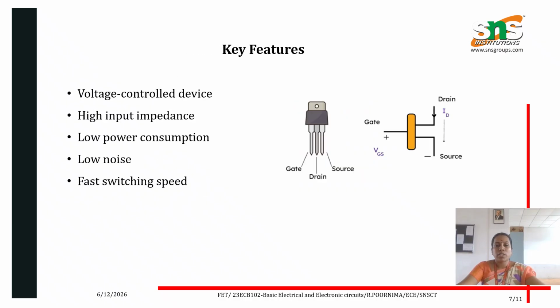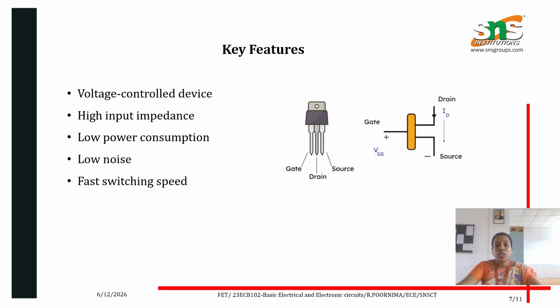The gate is basically reverse biased. A feature of FET is that it is a voltage control device, whereas BJT is a current control device and has high noise. In the FET, high input impedance means it draws very minimum current from the source, and it has low power consumption.